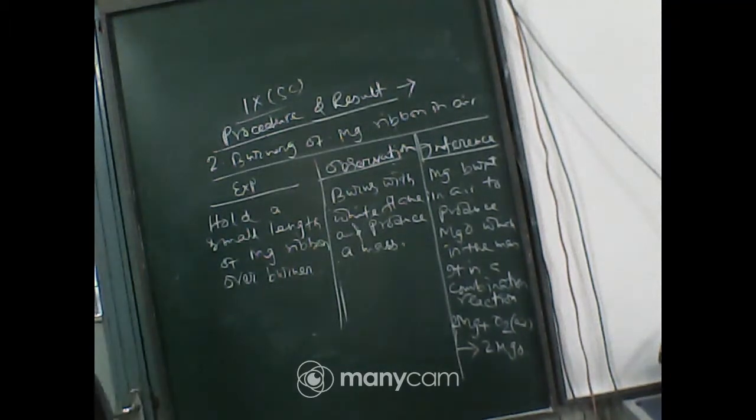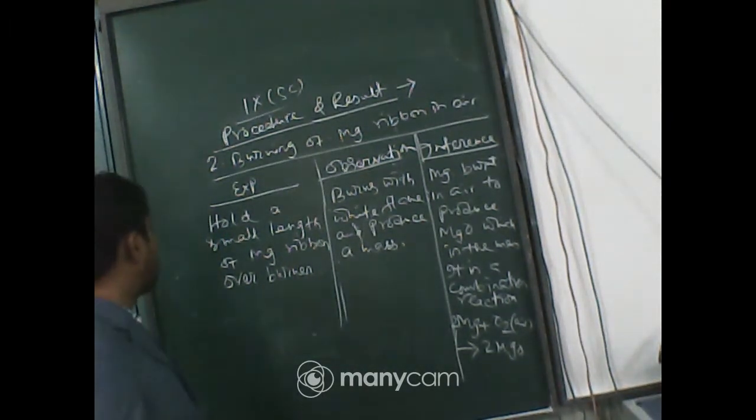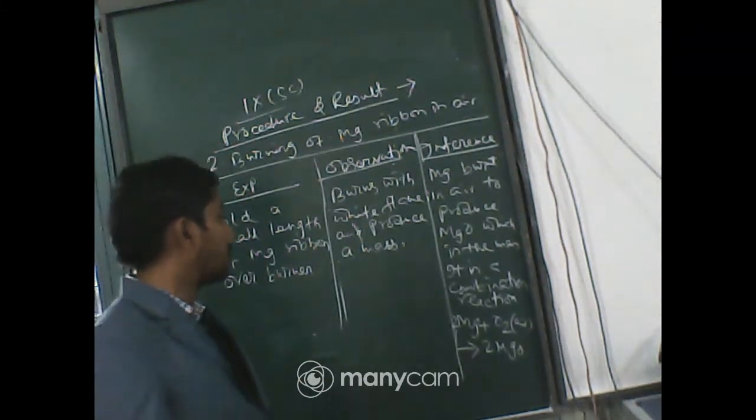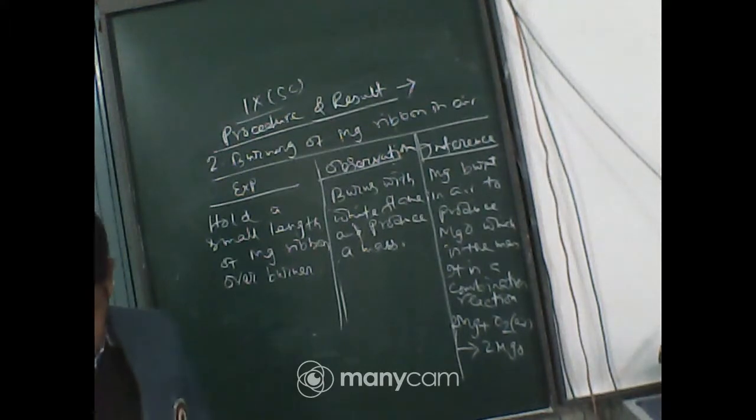Okay. Hold a small length of magnesium ribbon over a burner, burnt with white flame and produce a mass. Magnesium burnt in air to produce magnesium oxide, which is the mass. It is a combination reaction. So, we have 4 kinds.